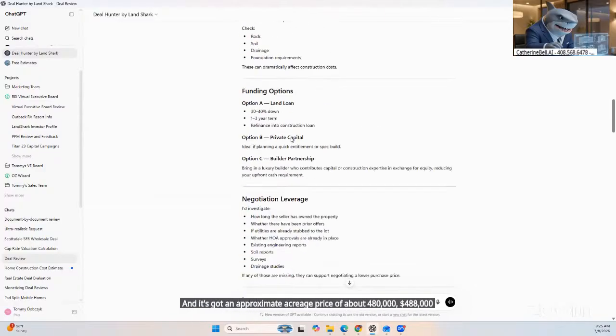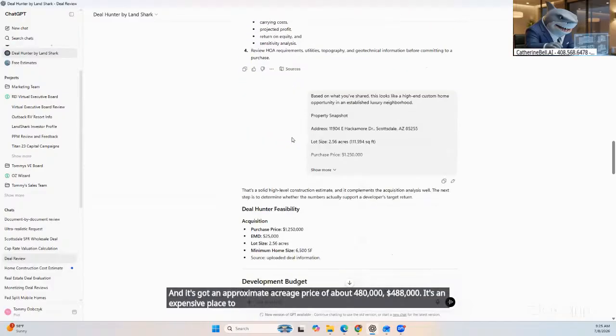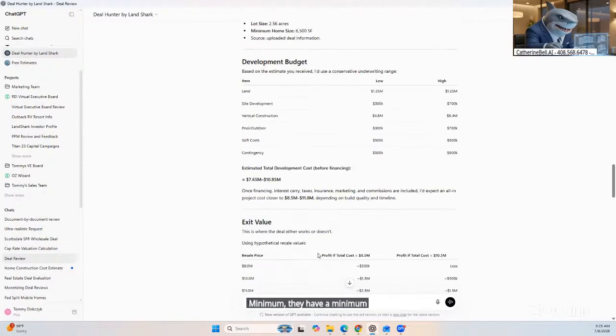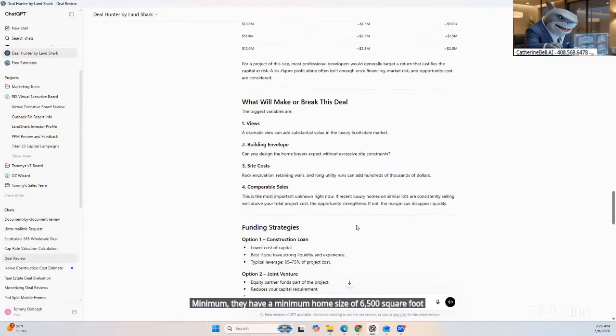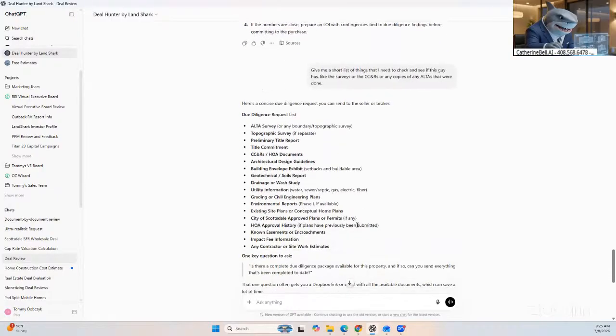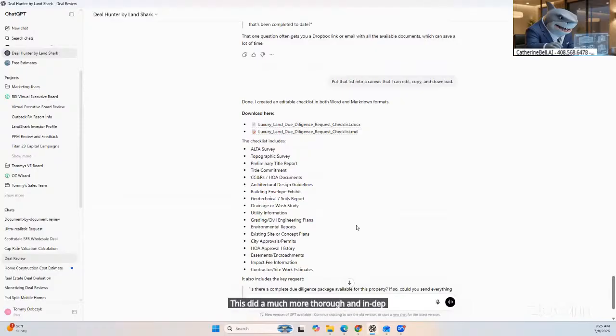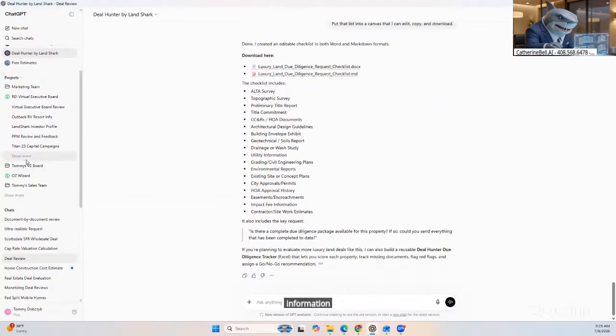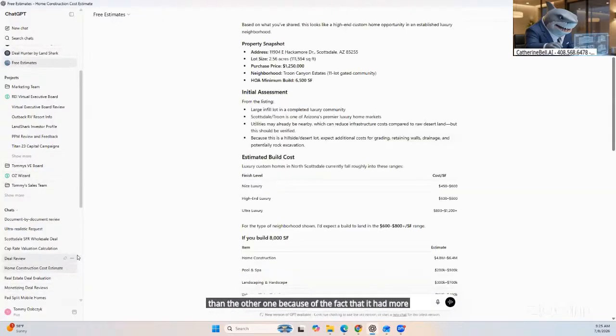It's an expensive place to live. The lots out there have a minimum home size of 6,500 square foot, right? So this did a much more thorough and in-depth discovery for me on all the information than the other one because it had more detail to it.